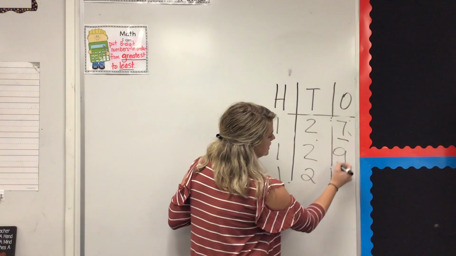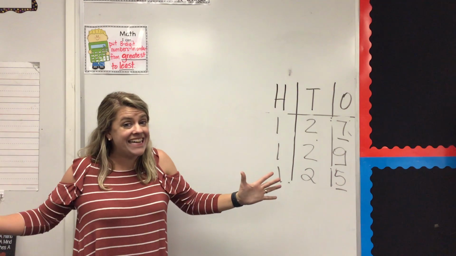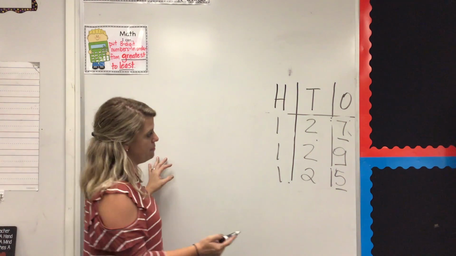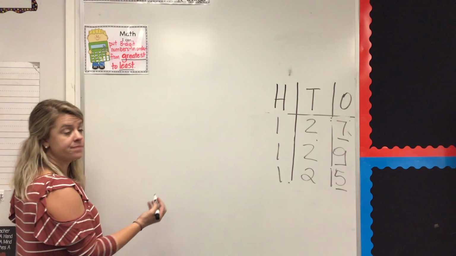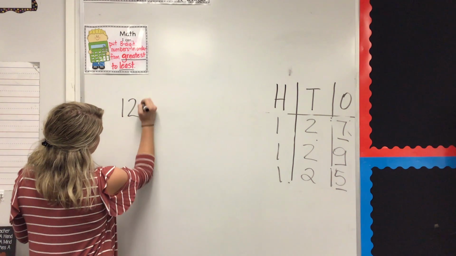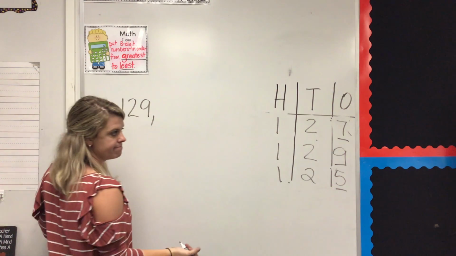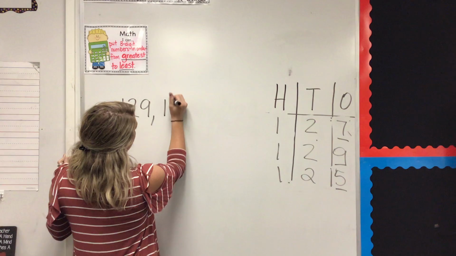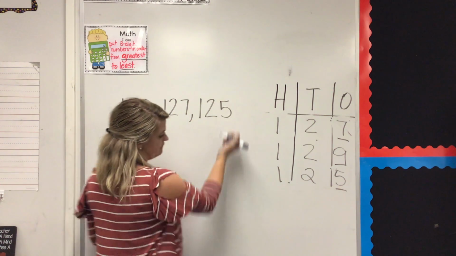So I have to move to this last digit, which is my ones. And we're looking for greatest to least this time. 7, 9, or 5. Which one is bigger? 129 is the greatest. Then we go to 7 or 5. 7. 127. And then our final number is 125.